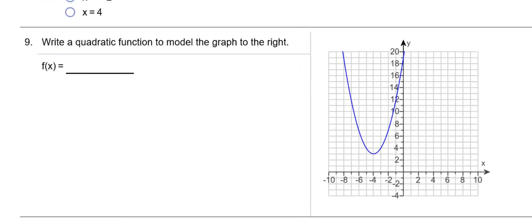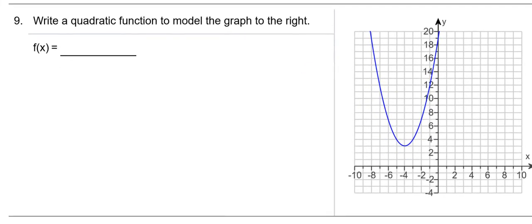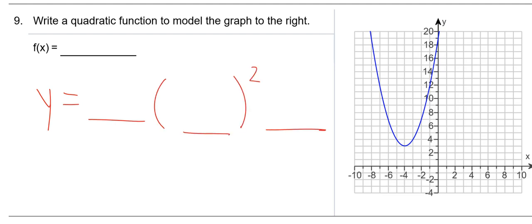Okay, now I'm giving you the picture and you have to write the equation. We're going to be filling in these things.